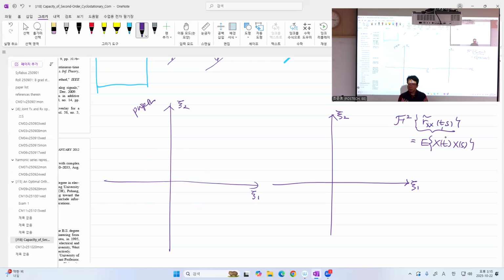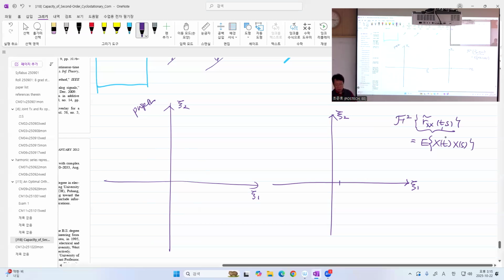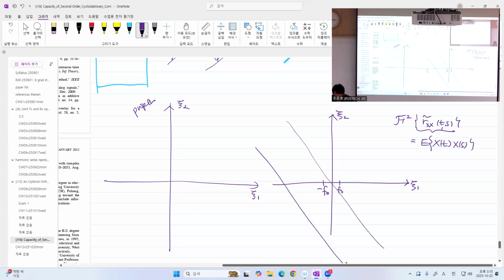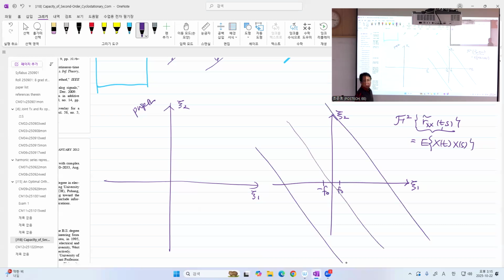I told you the improper random process behaves very similar to a wide-sense stationary real-valued signal. So this frequency component, some F0, has correlation with the negative F0 component, which means that you have impulse fences in the opposite direction, northwest to southeast, like this.